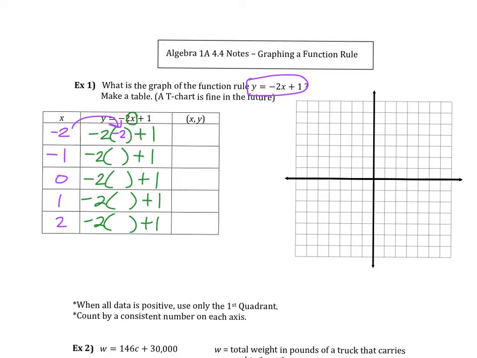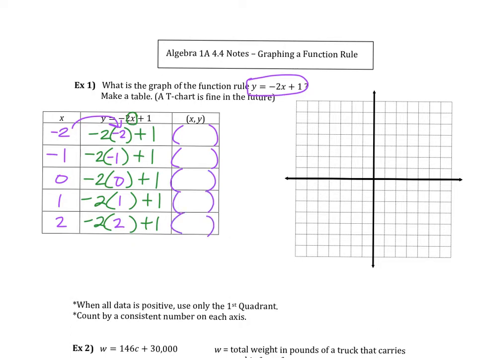So on this second one, it's going to be -2 times what? -1. On the third one, it's going to be -2 times 0, and then -2 times 1, and then -2 times 2, okay? And that's going to give us a new point. The point is going to be an x and y value that we're going to put on our graph.